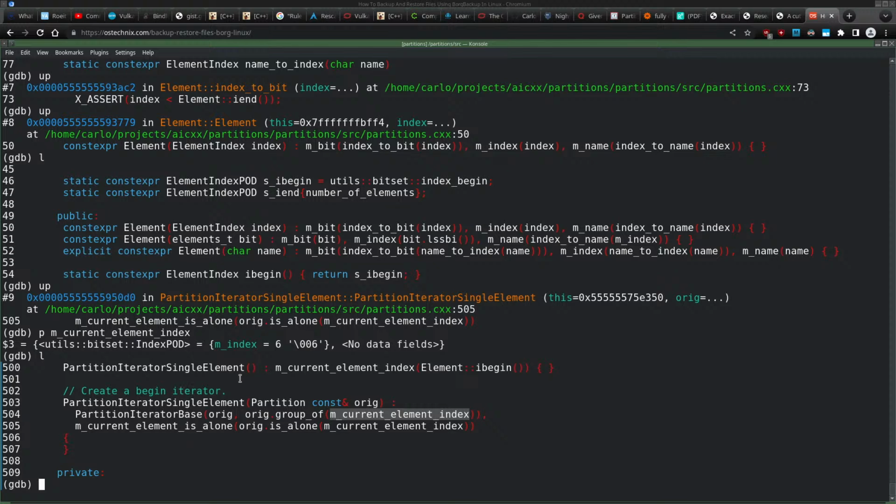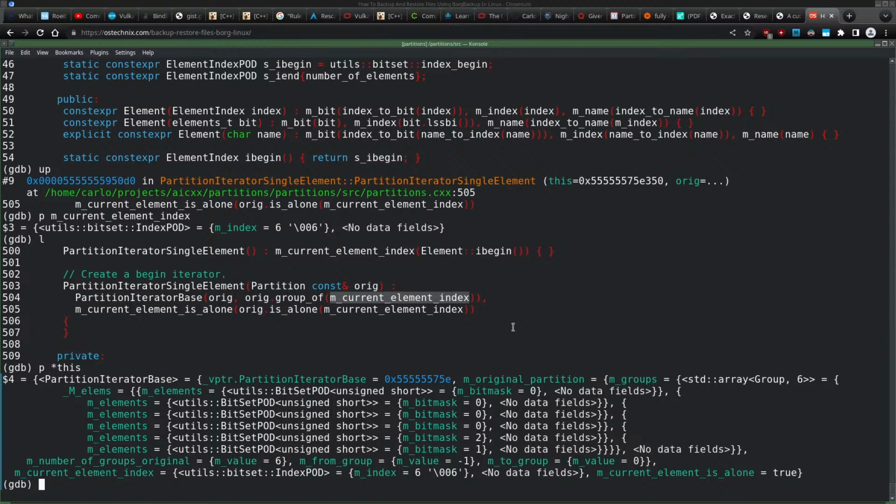Create a begin iterator. Current element. Yeah, so then this. See, the from group is -1, which means that we are talking about the end iterator. And you can call this undefined. Previously I set it to 0, but it doesn't even matter.